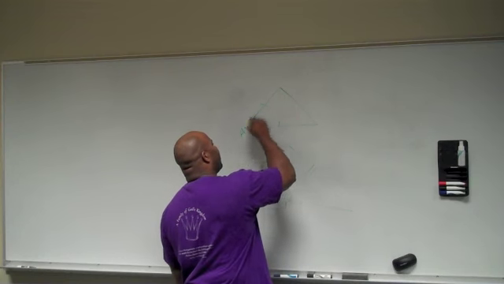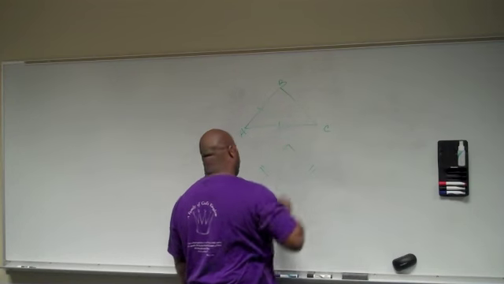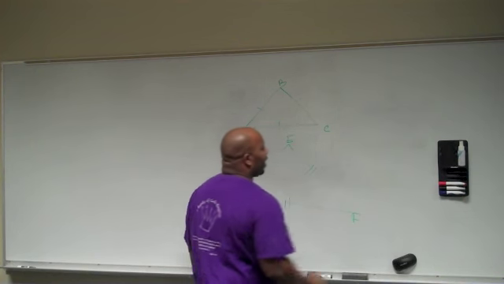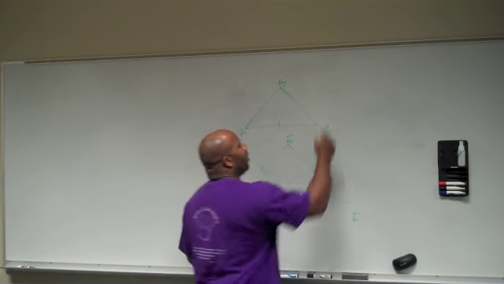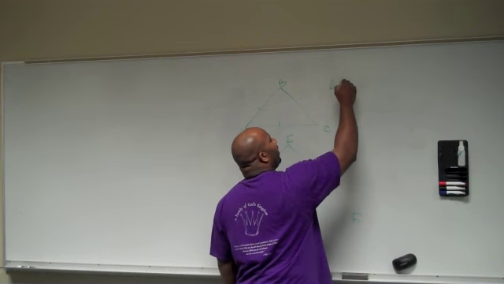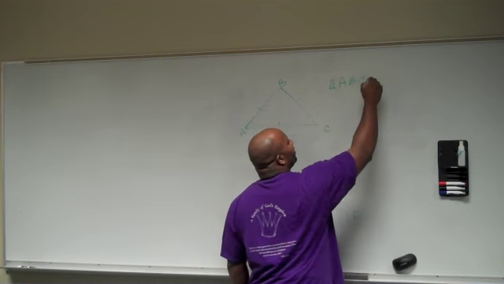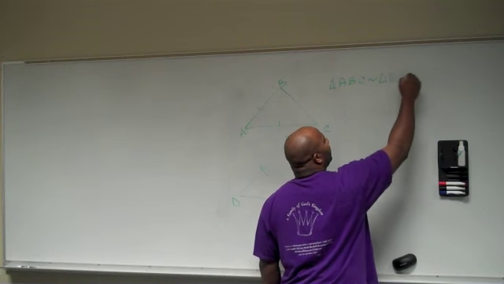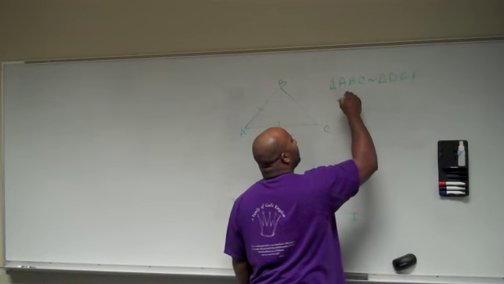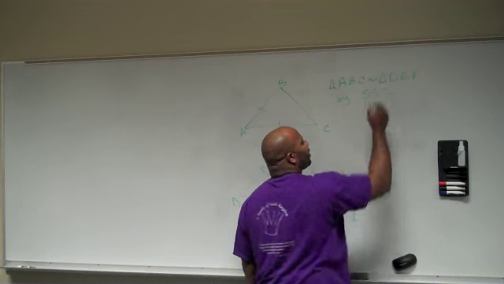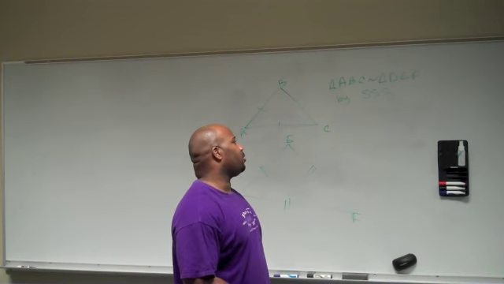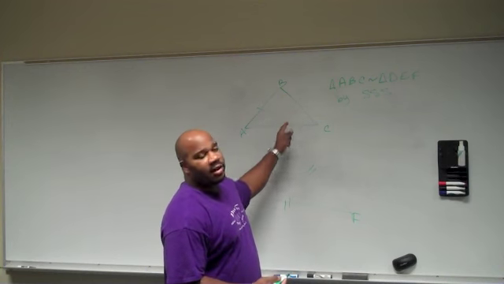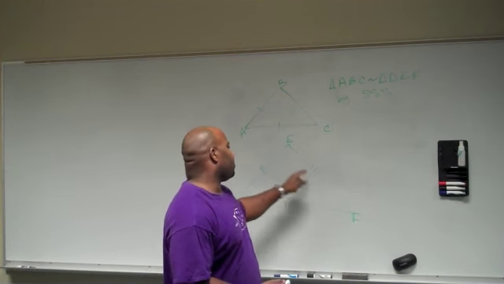So let's call this triangle ABC. Let's call this one DEF. I can say triangle ABC is similar to triangle DEF by the side theorem or postulate, whichever one you prefer to go with, because I have an equilateral triangle there and I have an equilateral triangle here.